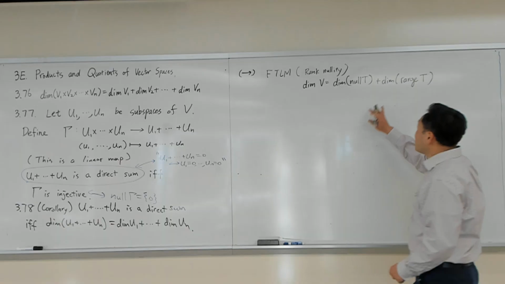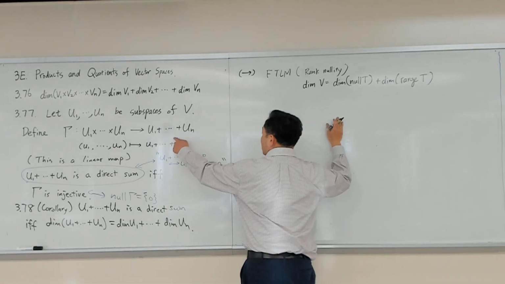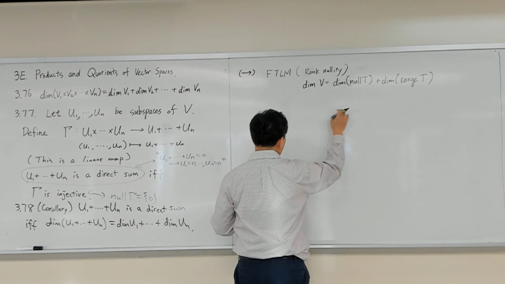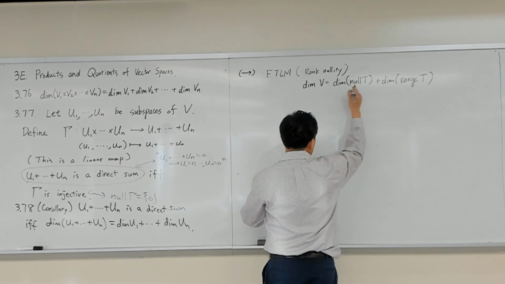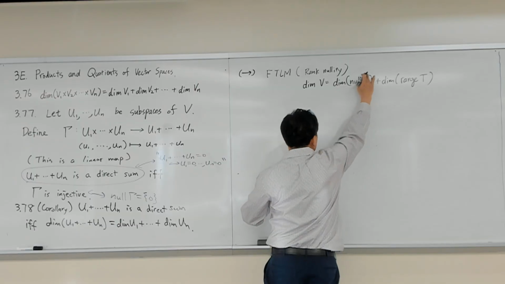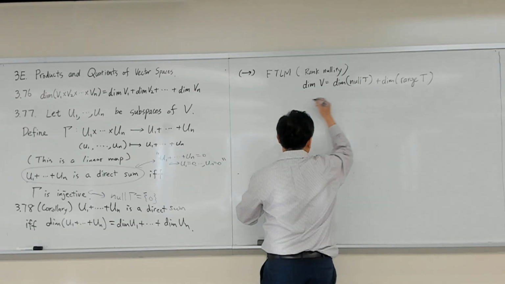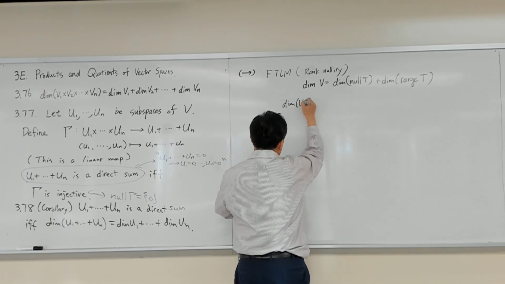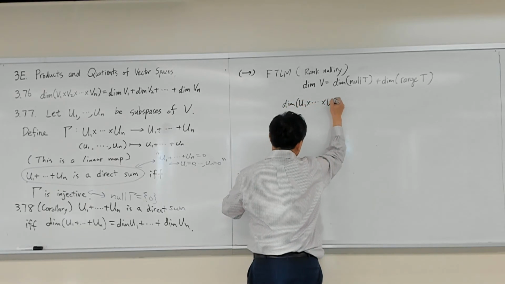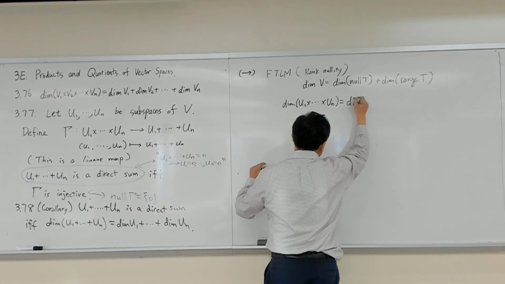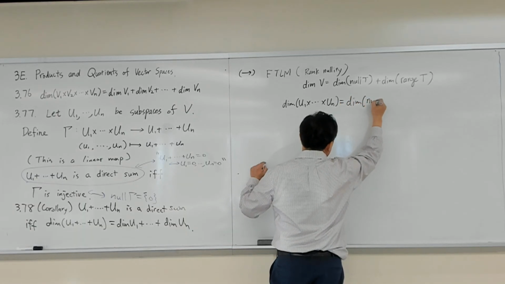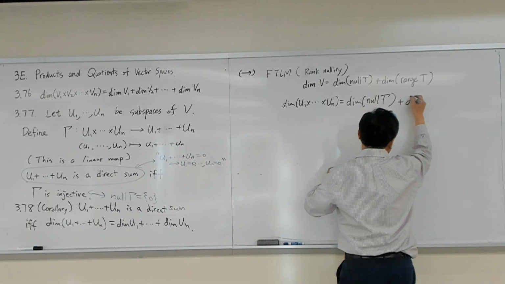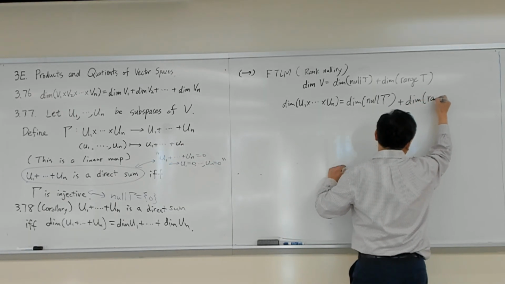So if I apply that to this thing that we just proved, if we know that it's a direct sum, we know that the null space of gamma is 0. If I specialize to this case, it'll be the dimension of U1 cross ... cross UN is the dimension of the null space of this gamma map that we just defined plus the dimension of the range of gamma.